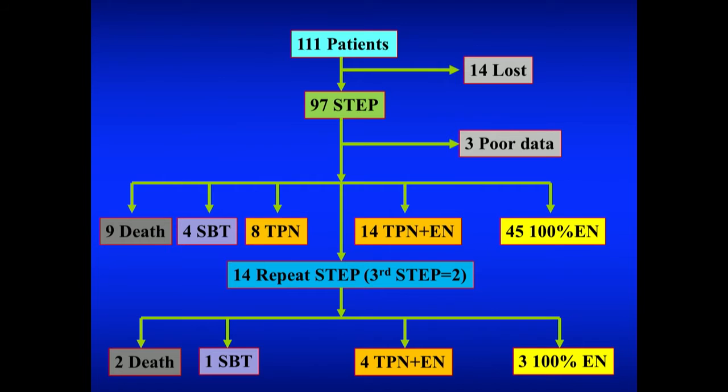Now, 14 of these patients underwent a second STEP procedure, and 2 of these even had a third STEP procedure. From that group, 3 additional patients were able to achieve enteral autonomy. So all in all, pretty encouraging results. Over 50% of the patients were able to come off of TPN altogether and achieve enteral autonomy.